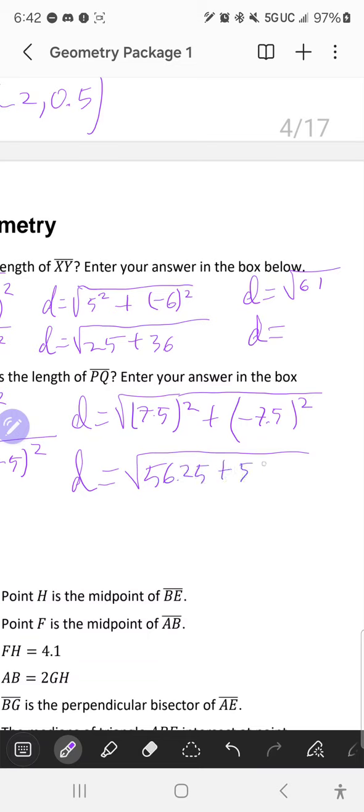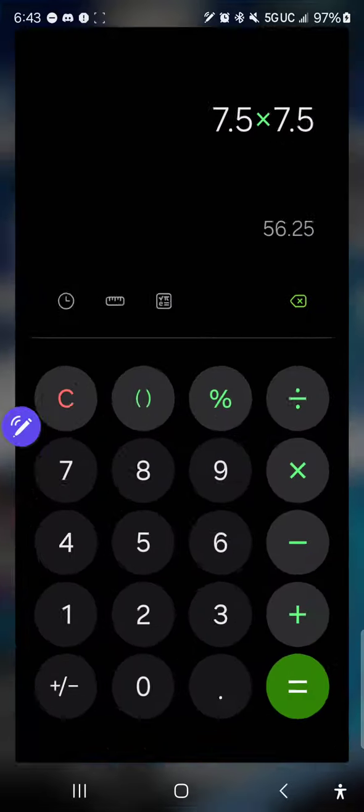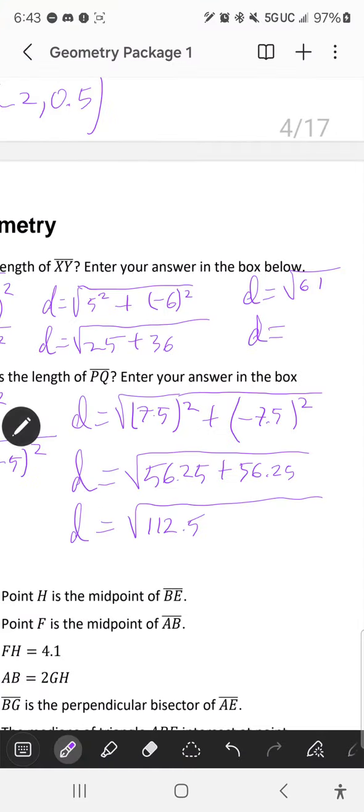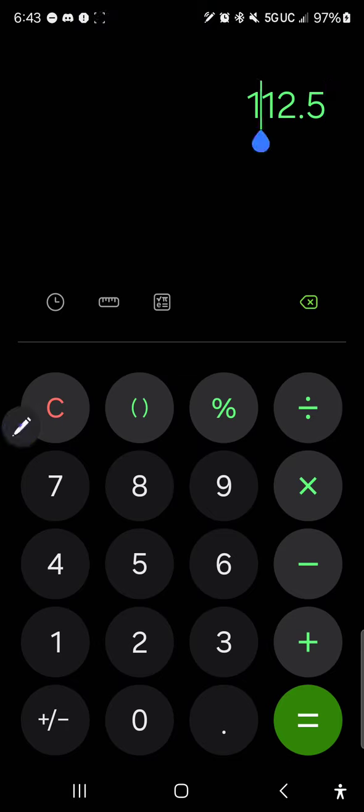So I got that d is equal to the square root of 56.25 plus 56.25, which is the same as the square root of 112.5. Let me check that. Yep, 112.5, which is approximately going to be like 10 point something, around 10.5.